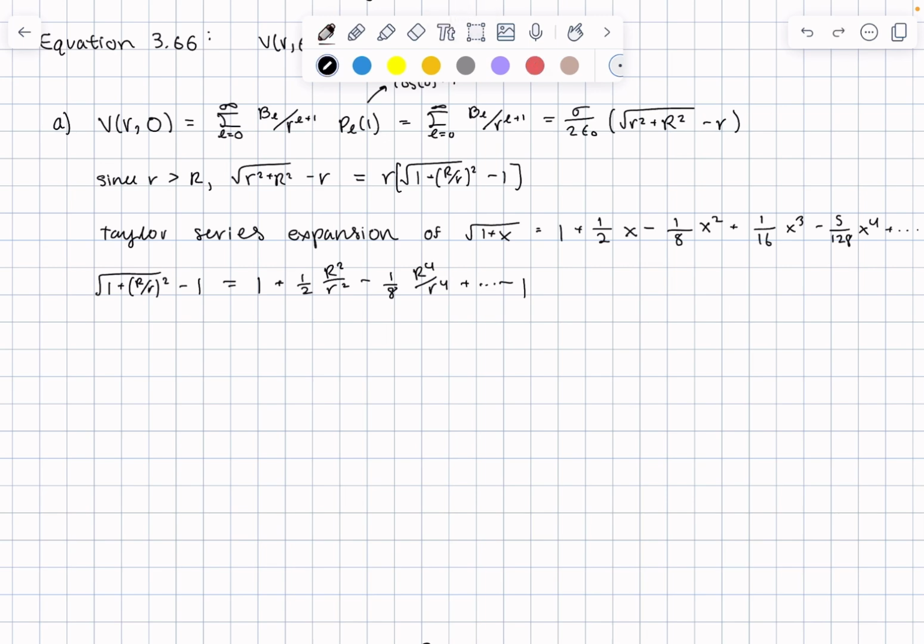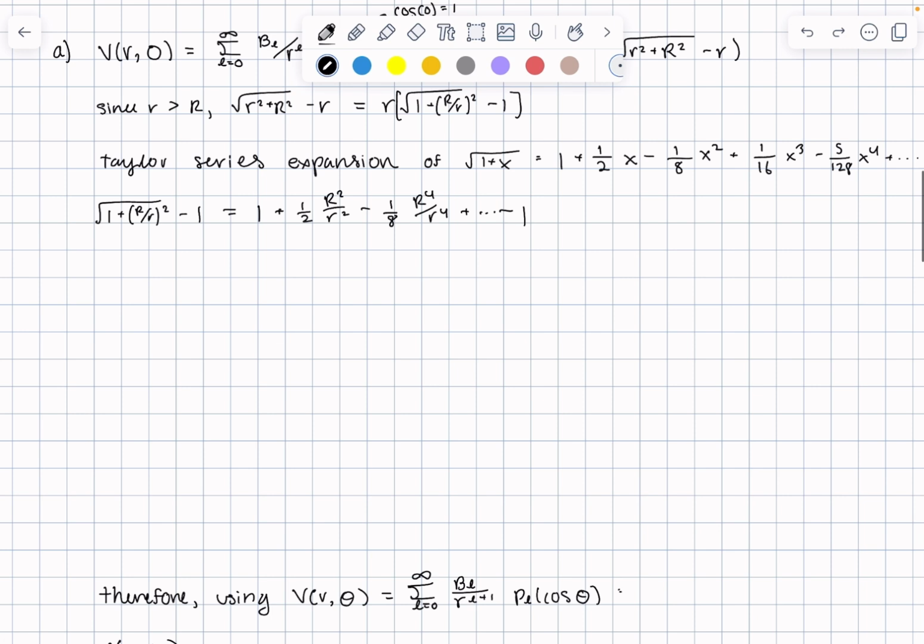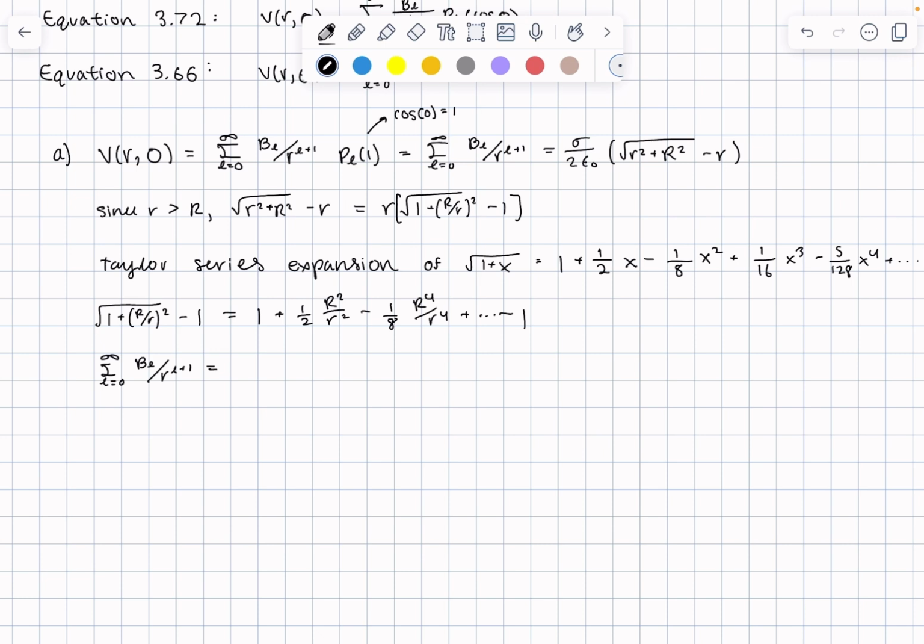So now we can say that the sum from L equals 0 to infinity of B_L over r to the L plus 1 is equal to, we're just bringing this down, sigma over 2 epsilon naught times all of what we just found.